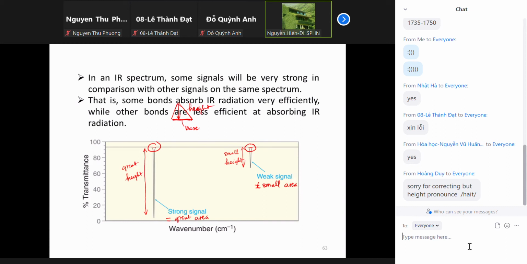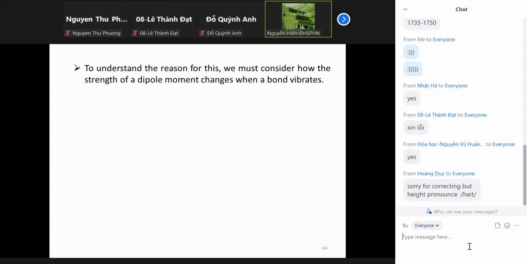Strong signal means that the bond absorbs infrared radiation very efficiently, and weak signal means that the bond will absorb less efficiently at that wave number.